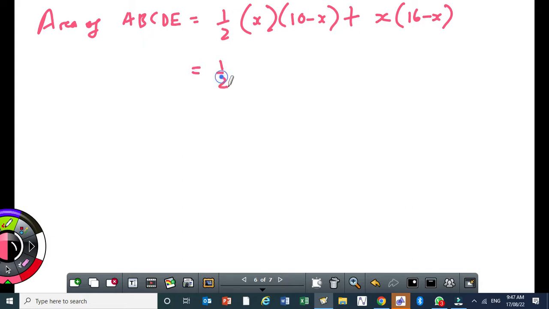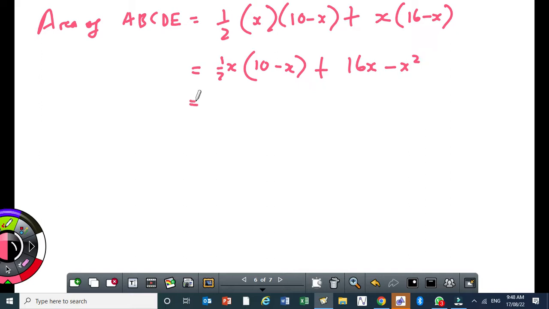So you get a half. Let me just make things a little bit easier for you. Here we've got half x multiplied by 10 minus x, plus, here it's straightforward, 16x minus x squared.